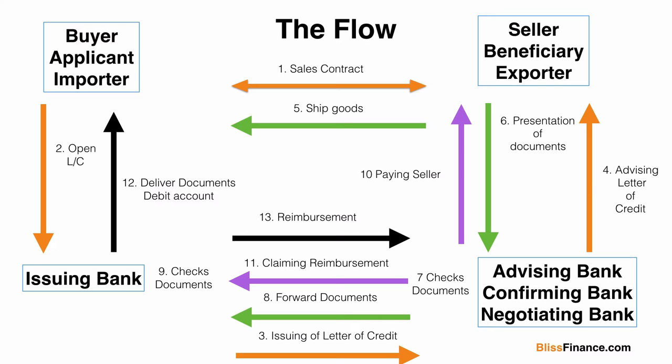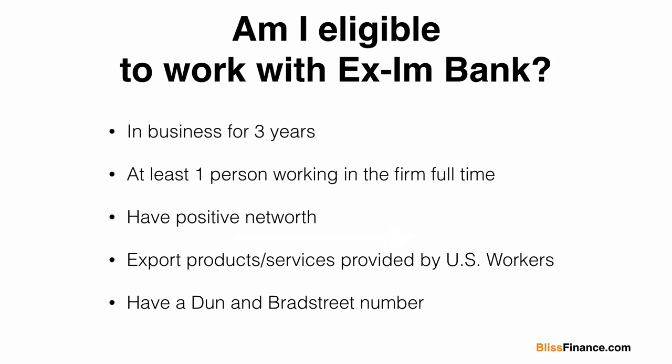Now, if you are an exporter, under the US government, we also have what we call the Export-Import Bank, but not everyone is eligible. You first must be in business for 3 years. Second of all, you must have one person working in the firm full-time as an exporter. And third of all, you must have a positive net worth in order for the government to work with you.